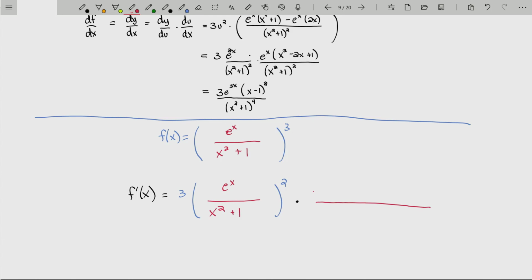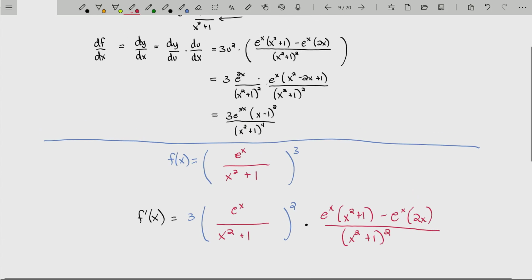The interior function's derivative is e to the x times x squared plus 1 minus e to the x times 2x all over x squared plus 1 squared. And that at least quickly gets us down to this point right here.